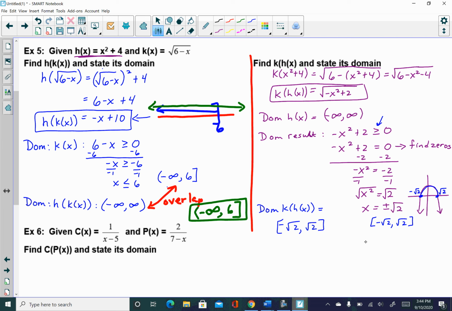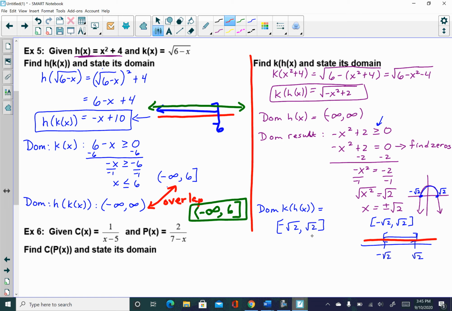If you think about it on a number line, if you've got negative square root of 2 and positive square root of 2, and that's one restriction, we've got brackets there, and then the other restriction just takes us the whole number line, where the blue and the red are on top of each other between those two values.